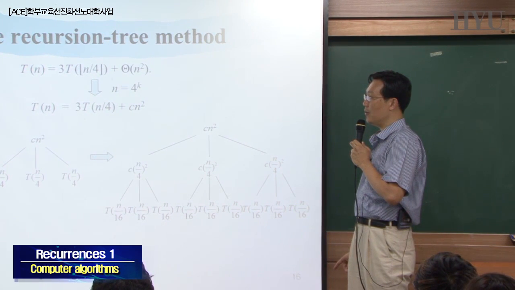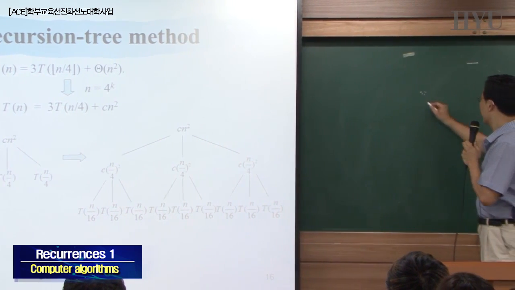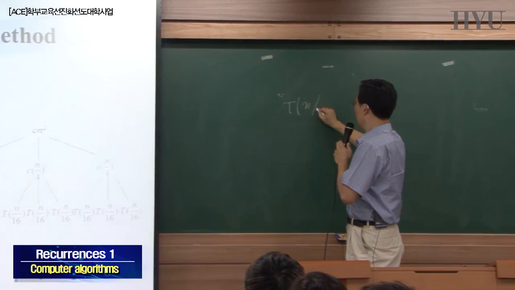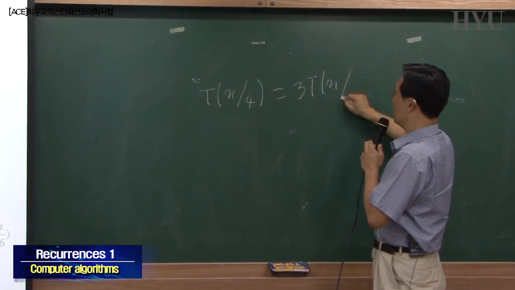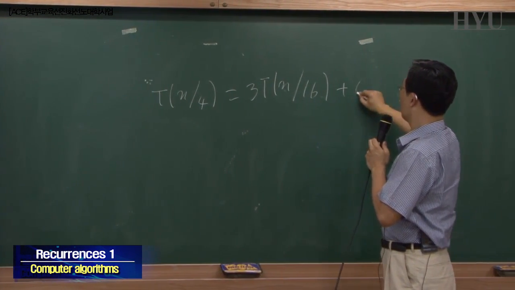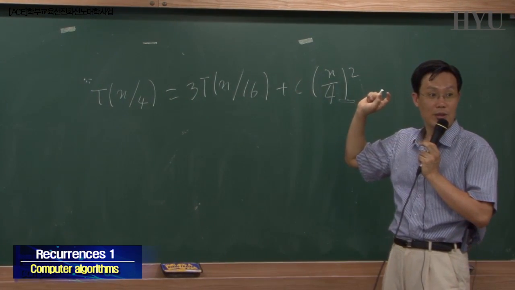Substitute n over 4 for n. Then we get a recurrence like this. Okay?